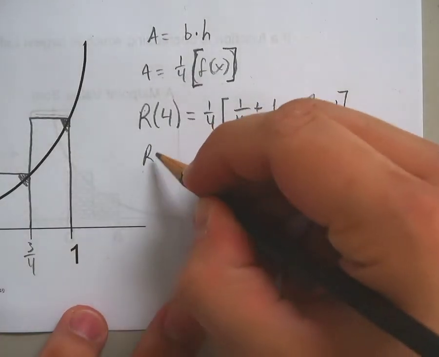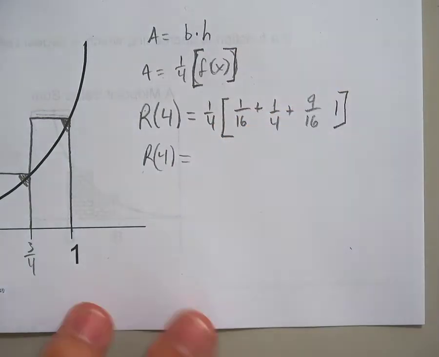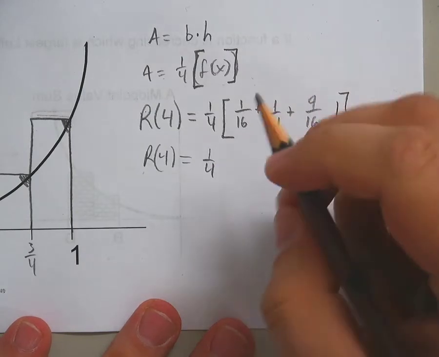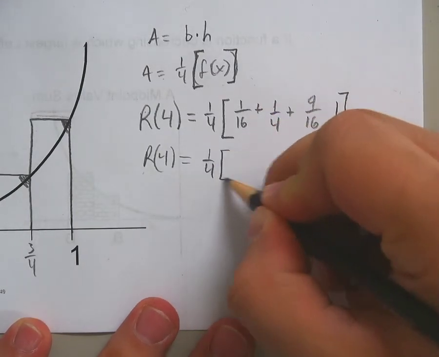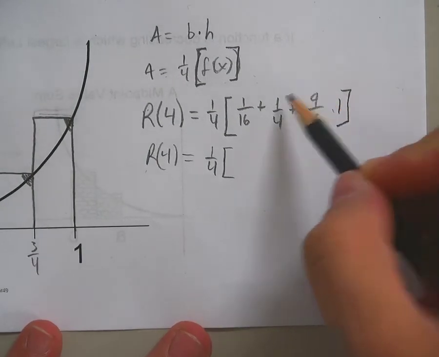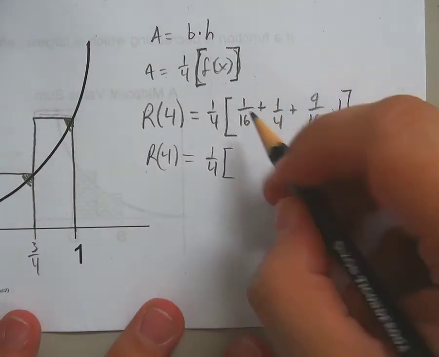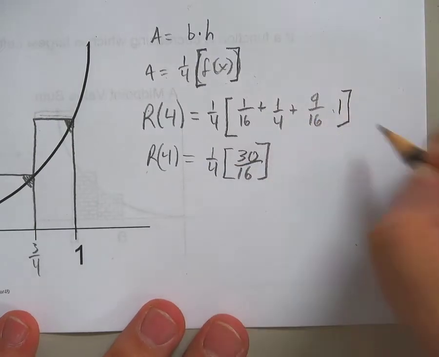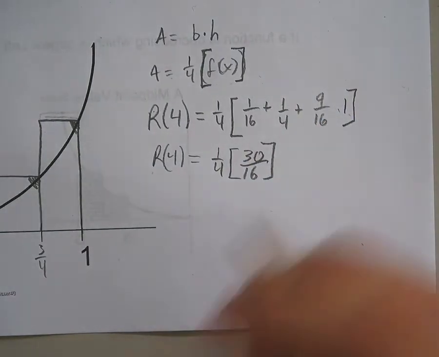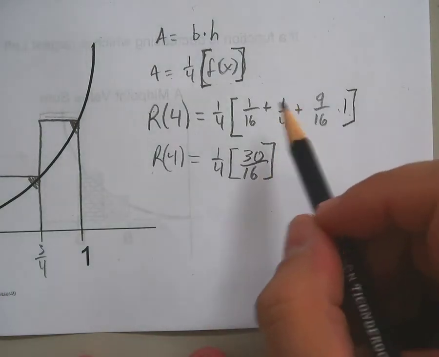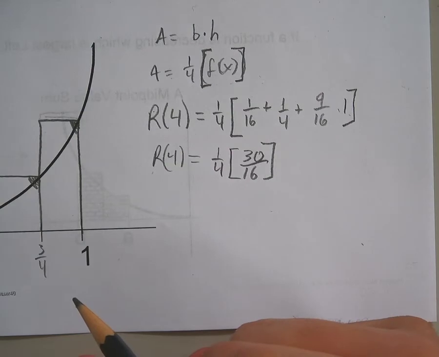So coming through, R of 4, right-hand sum, 4 blocks. It's 1/4 times 16, 9, 4, and 1, so 30 over 16. If you change 1 into 16 over 16, change 1/4 into 4 over 16, you got 16, 21, and 9, 30.